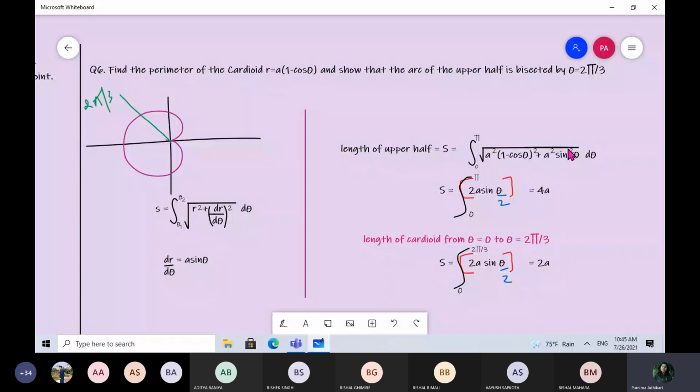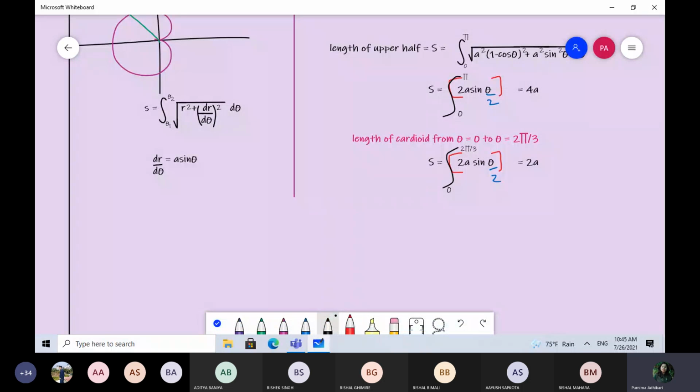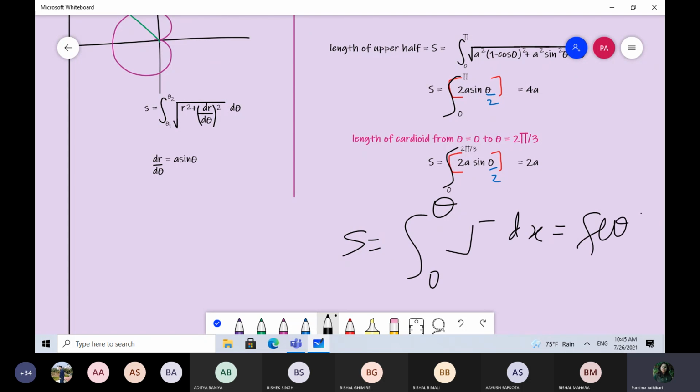First do the integration of this function. You can do it this way: as you did just before, find out the integral from 0 to theta, solve your integral, and you will get some function of theta. Then in this function of theta, put theta equals pi and then put theta equals 2 pi by 3.